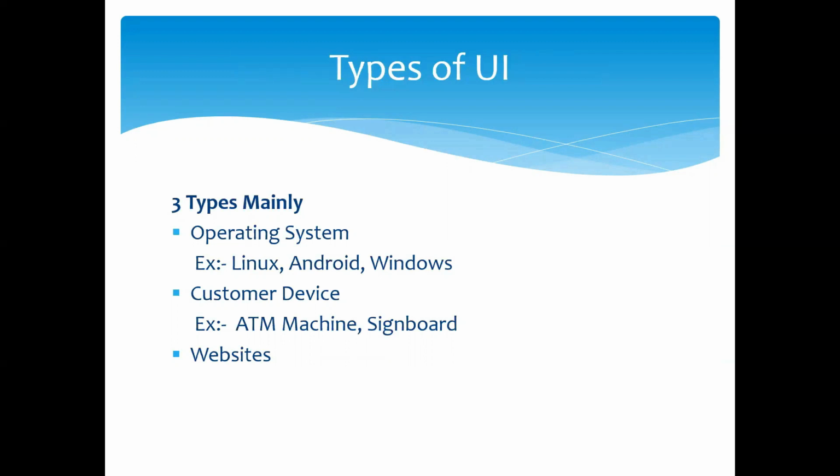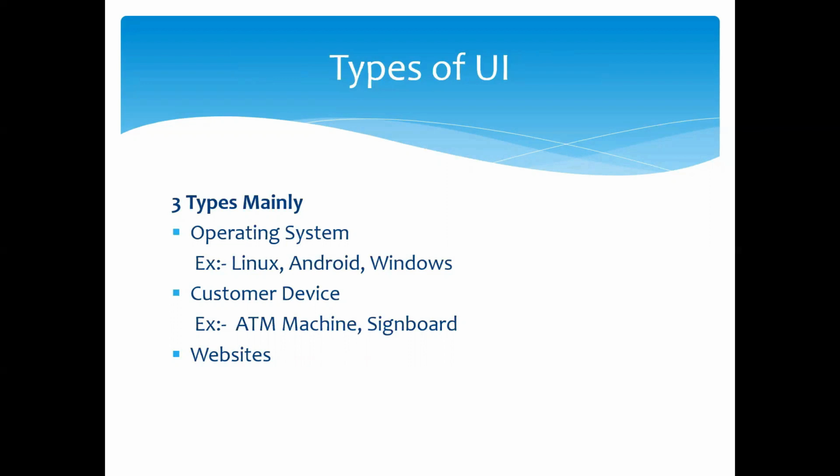We cannot find any folder or file, so we cannot interact with it. After installing an operating system, say Windows or Linux, we can see and view all the files, browse the internet, and use the machine. So this is the first type of UI, the operating system.